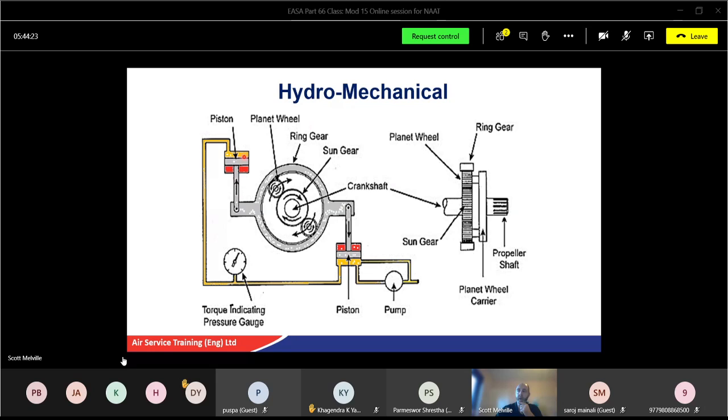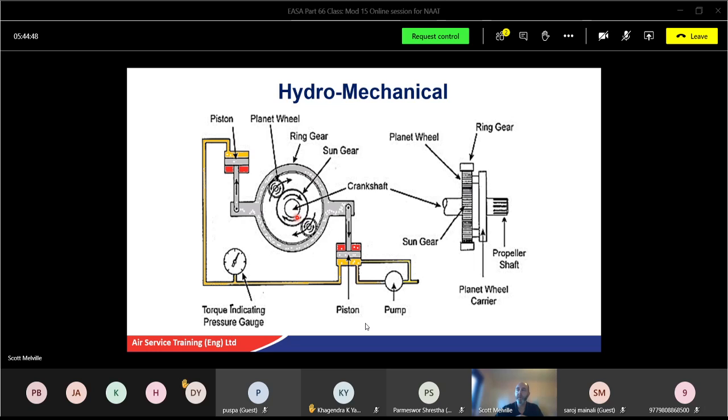Well, if it increases up that way, that's going to squash the fluid in there, in effect, which will increase the torque reading. As that's rotating that way, it's going to rotate the other gear the opposite way. So the planet gears are trying to push this ring clockwise, the same direction as the crankshaft, that makes sense.